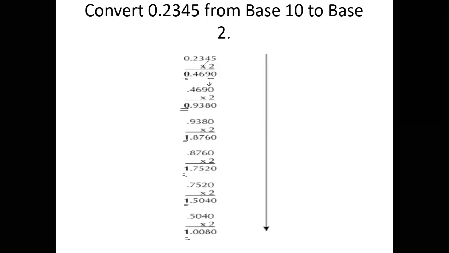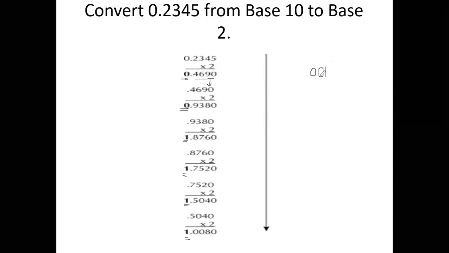Now, after you've done the multiplication, you are going to record those numbers you are taking note of from the top going down. So the first number that we recorded was 0. The second number that we recorded was another 0. The third number that we recorded is a 1. So that's a 1.